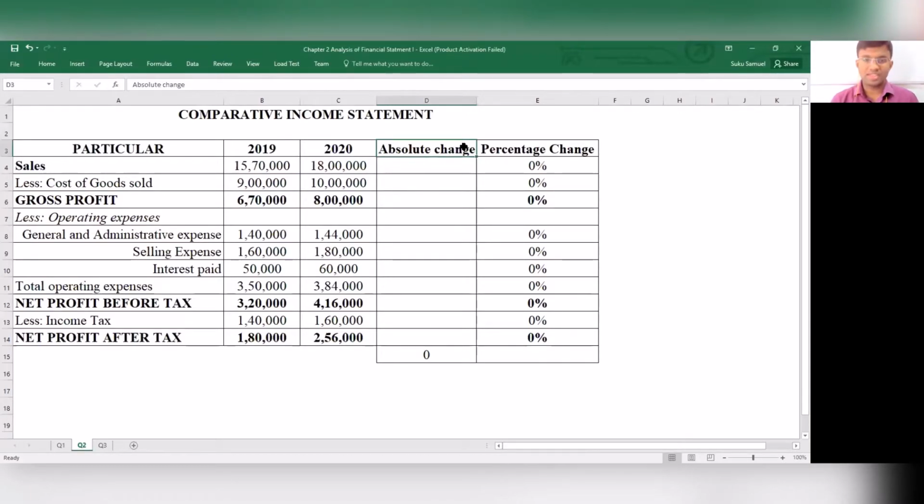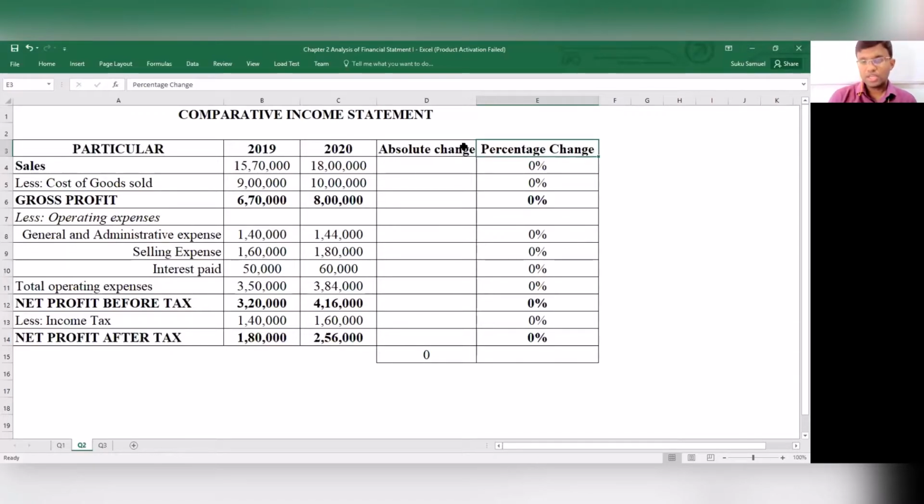First is what is called the absolute change. Absolute change would be year 2 minus year 1. So for us, it will be 2020 minus 2019. Then we have to calculate the percentage change. Percentage change would be absolute change divided by year 1 into 100, because we are calculating a percentage.